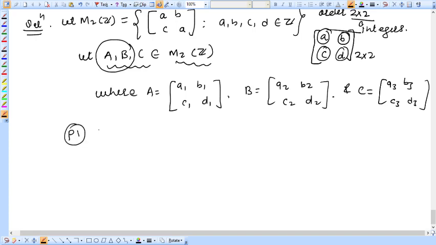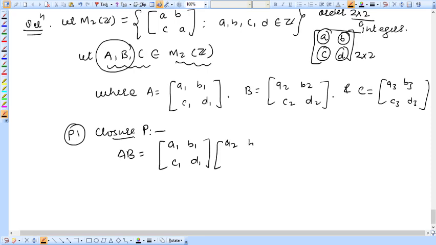Now let us look at the closure property, property number 1. Since we have already taken two elements from M2Z, let us look at the matrix multiplication AB of these two. So it would be A1, B1, C1, D1 into A2, B2, C2, D2.